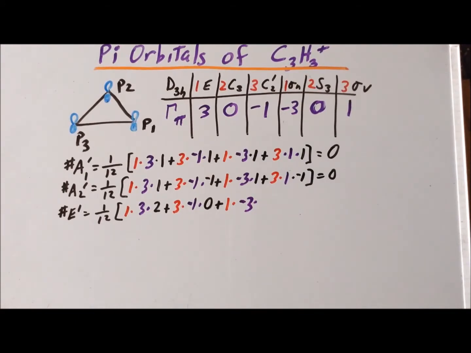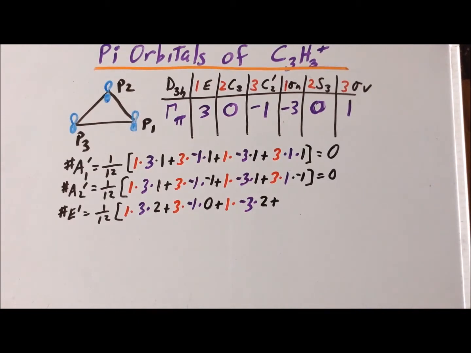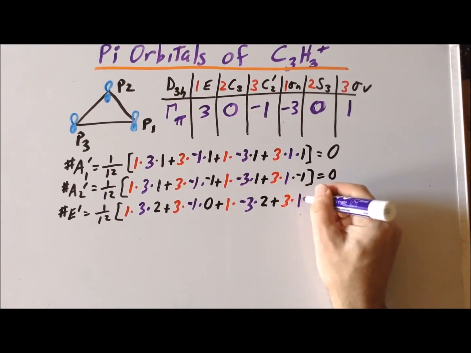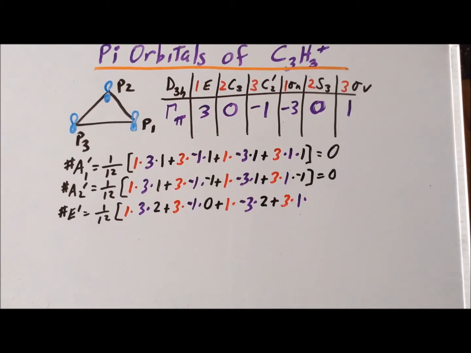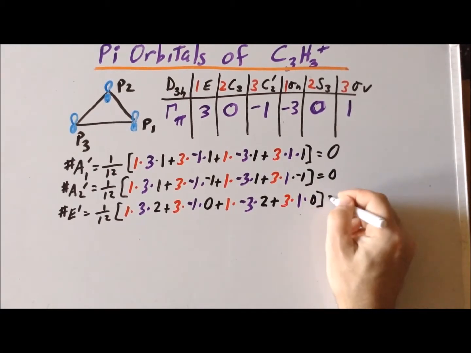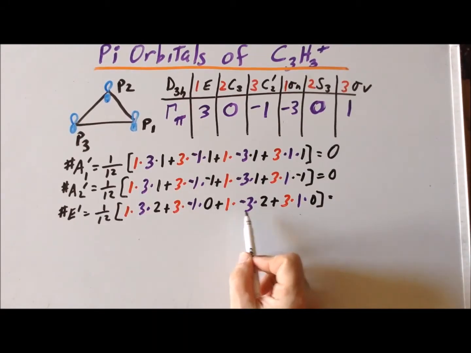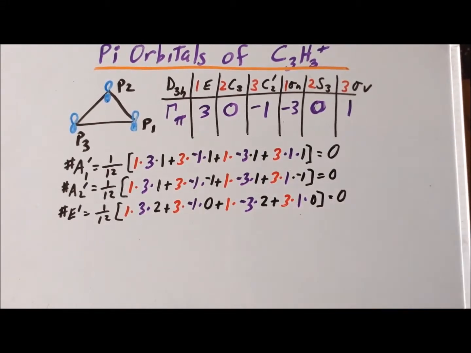Then the character from the irreducible representation is a +2. So we have 6 plus 0 minus 6 plus 0, so we have 0 E primes in our reducible representation.